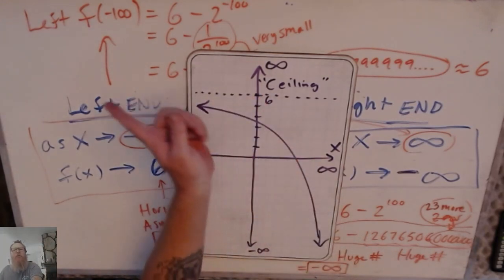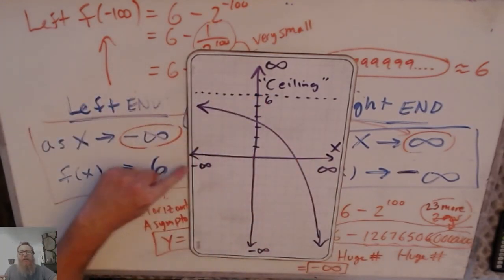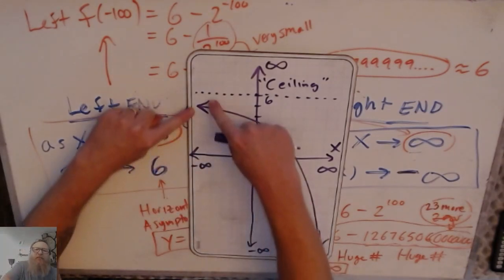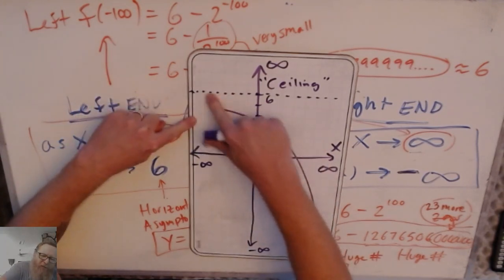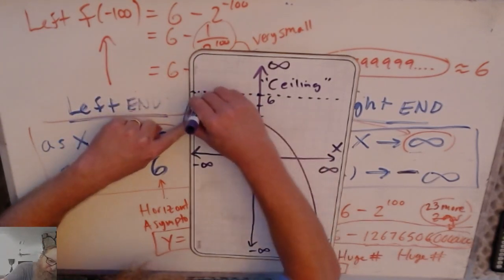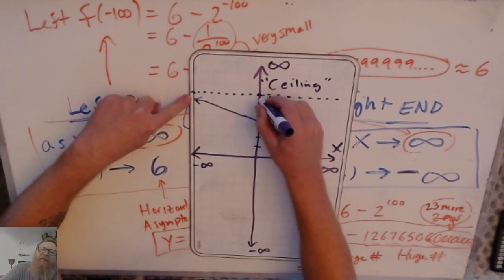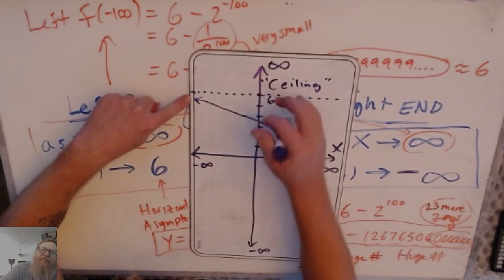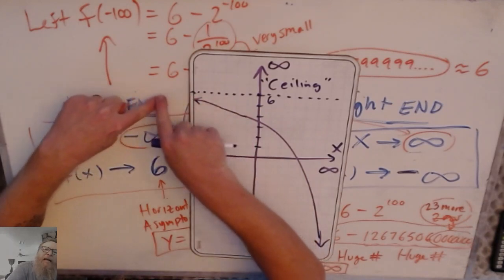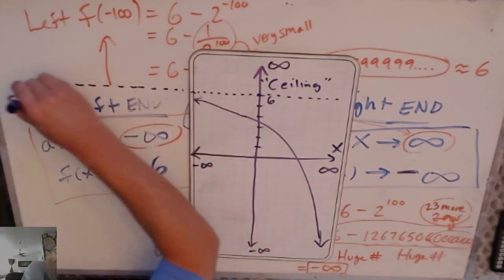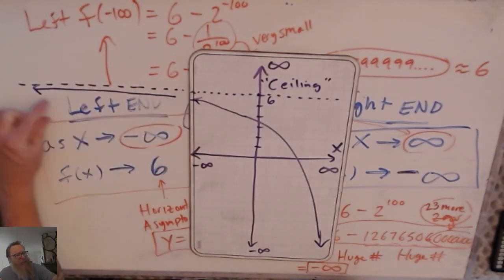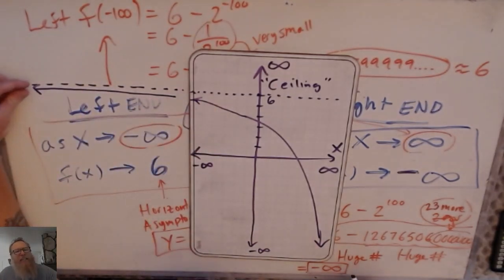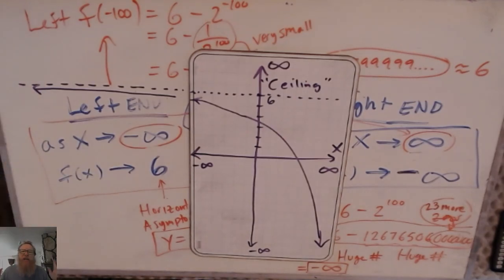As x goes towards negative infinity, this graph is going to approach its ceiling. It'll get closer and closer, 5, 5.5, 5.8, 5.9, 5.99999. It would get infinitesimally close to this dotted line, but it would never actually cross it. It would never even touch it.